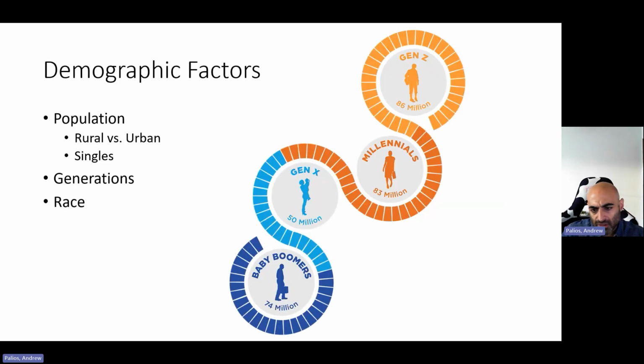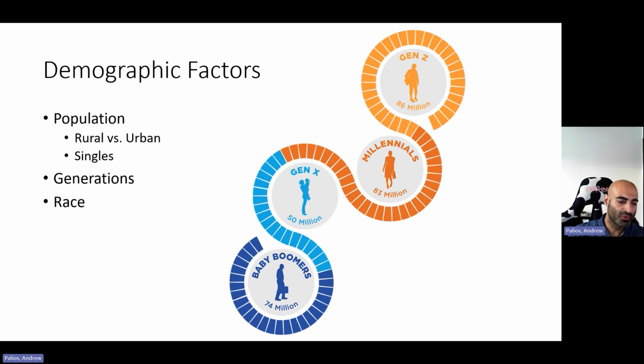So demographic factors and buyer behavior too, rural versus urban, as far as populations and where people primarily reside, and the differences between their buying decisions based on either way, right? So, let's just say, for an example, a really quick one, cars.